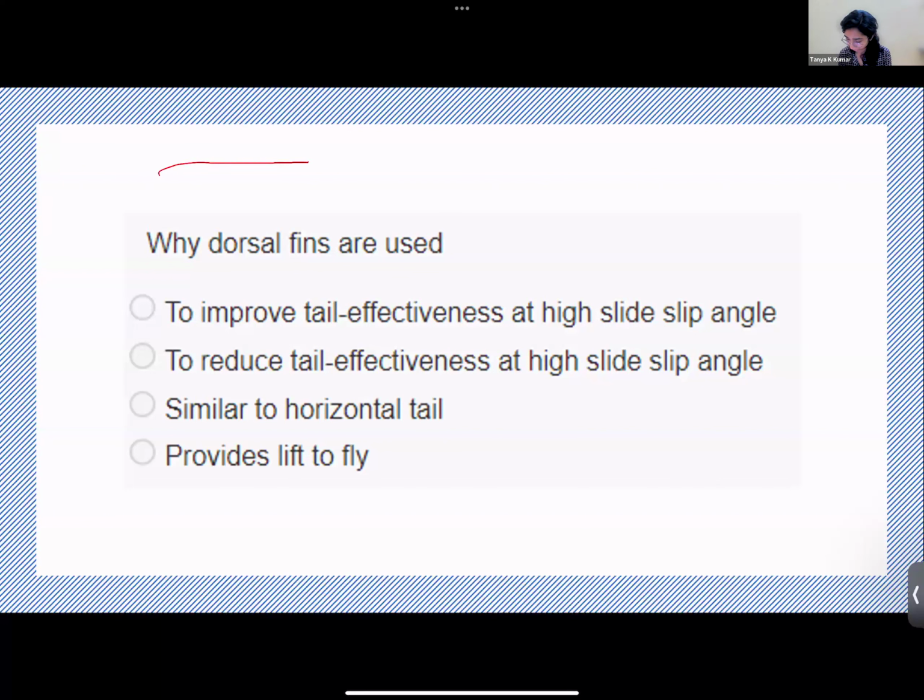Excuse my poor drawing, but this is the rudder, right? So where in this figure do you think the dorsal fin should be? When you say attached to rudder, I'm just trying to understand where you meant. In front lower of the rudder. So you mean somewhere here?